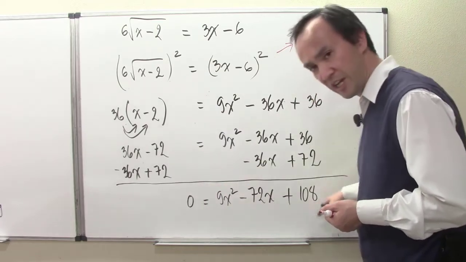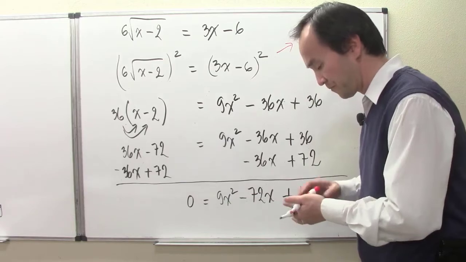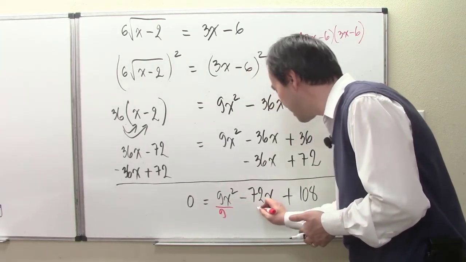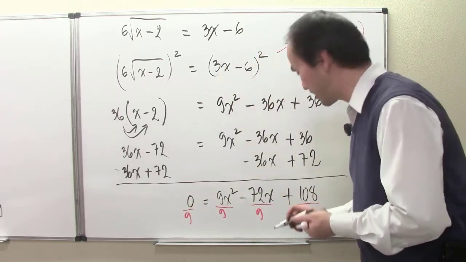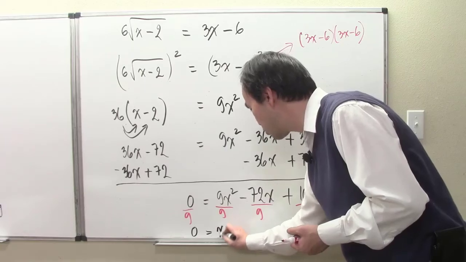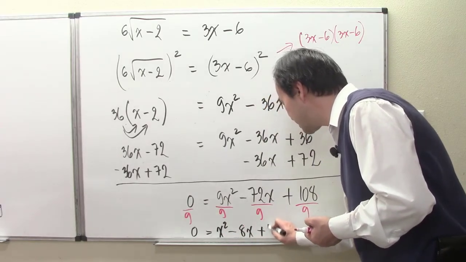This equation has a common factor of 9 throughout the 3 terms on the right-hand side. So let's divide all terms by 9. That will make it 0 equals x squared minus 8x plus 12.